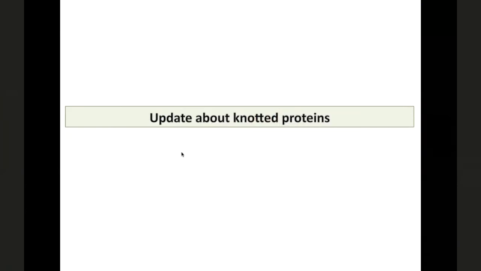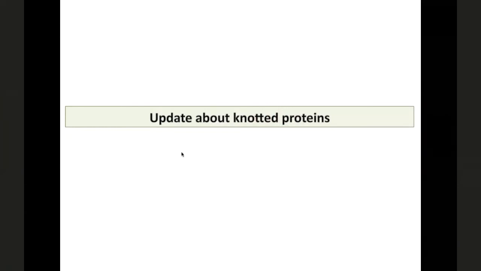Why do you think it's unknotted? I think this is just, if I can say, an improper assignment of the backbone. We also analyzed the density map of this protein very precisely, and you can see that if you connect this missing loop based on other knotted proteins, then it will be a knotted one.